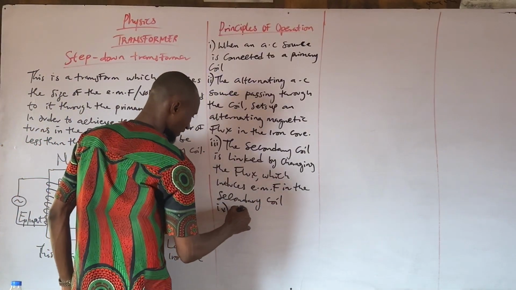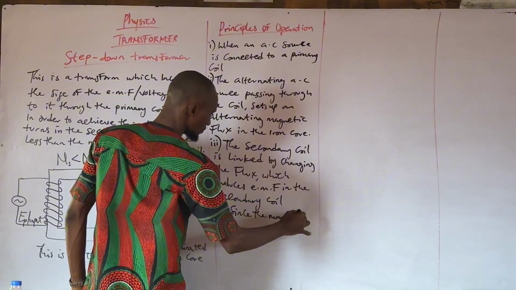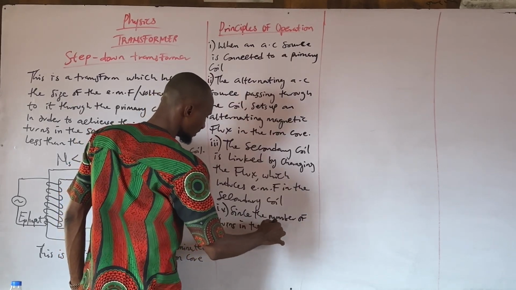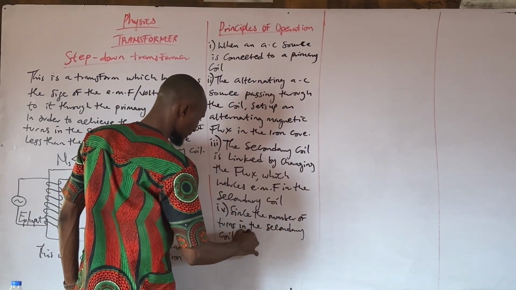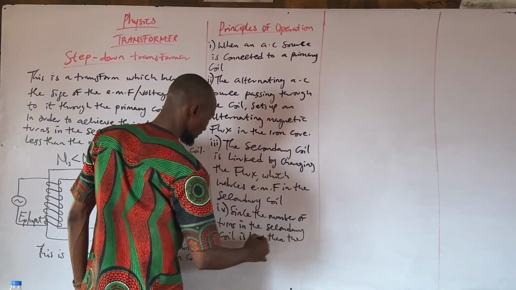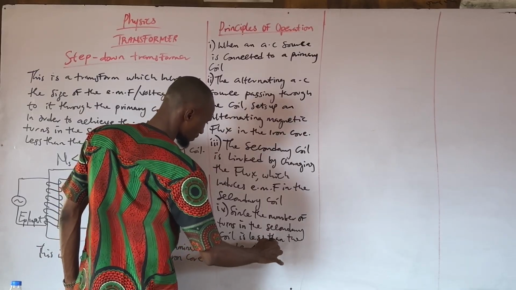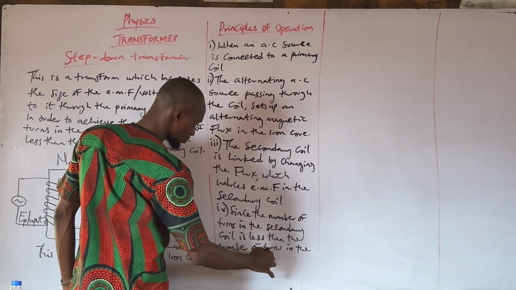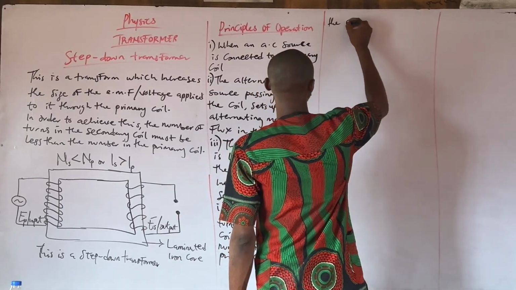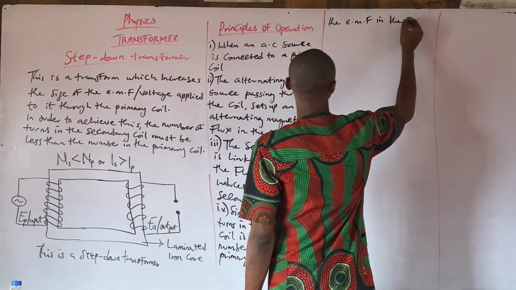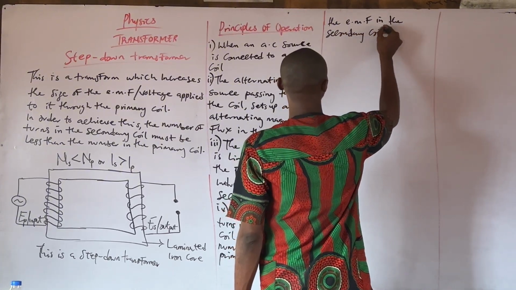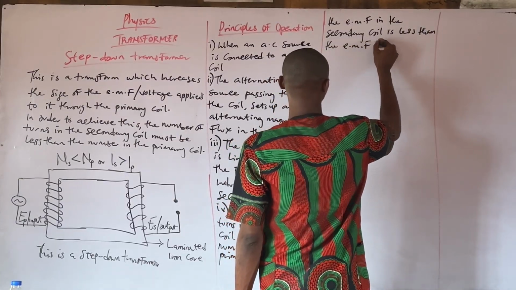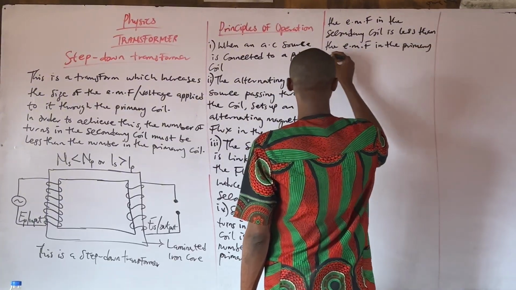We now say that since the number of turns in the secondary coil is less than the number of turns in the primary coil, the EMF in the secondary coil is less than the EMF in the primary coil.